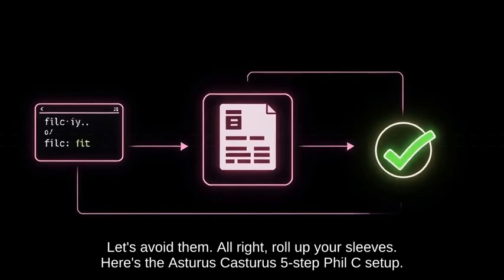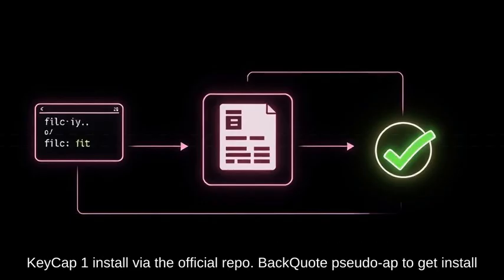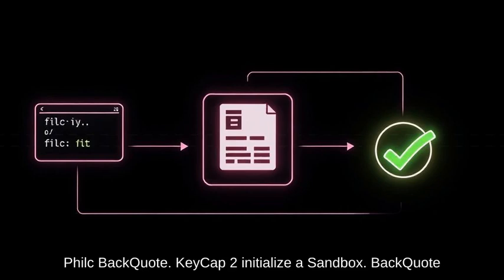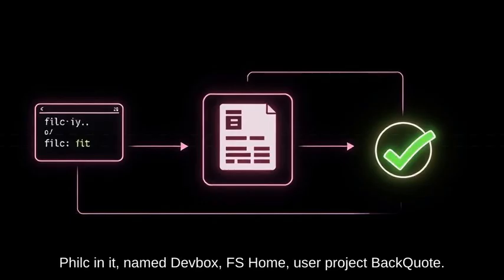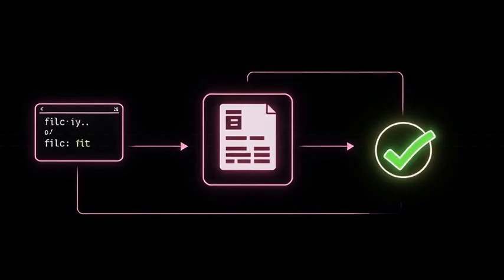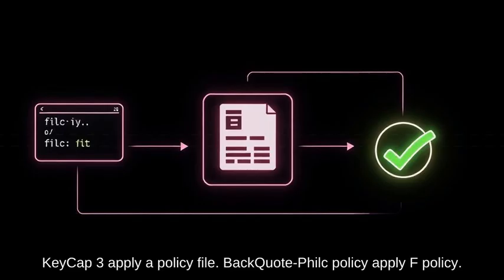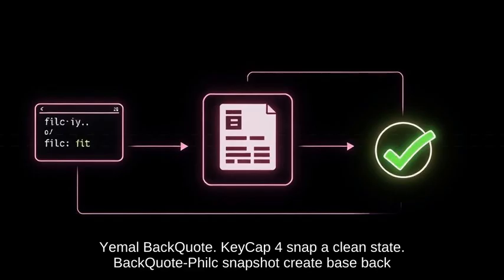Alright, roll up your sleeves. Here's the 5-step Fil-C setup. Step 1. Install via the official repo: sudo apt-get install filk. Step 2. Initialize a sandbox: filk init, name devbox, fs, home, user, project. Step 3. Apply a policy file: filk policy apply fpolicy.yaml. Step 4.